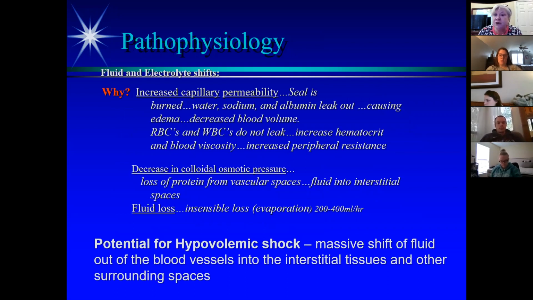It came out of the circulating blood volume. So your patient, even though they're swollen up and they look like the Michelin Man, the Marshmallow Man, they are actually in hypovolemic shock because that fluid came out of their circulating blood volume. It's trapped in their third space. It's trapped in their interstitial space.